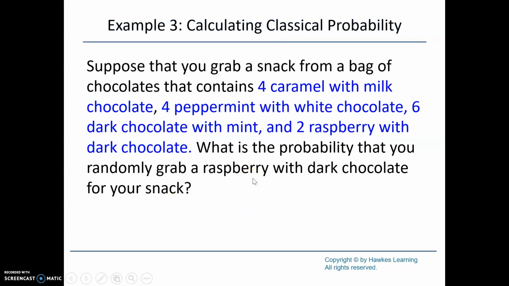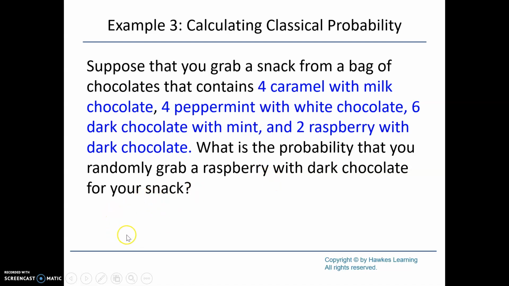Okay, calculating some more classical probability. So let's say we grab a bag of snacks. It contains 4 caramels with milk chocolate, 4 peppermints with white chocolate, 6 dark chocolate with mint, and 2 raspberries with dark chocolate. So what is the probability that you will randomly grab a raspberry with dark chocolate for your snack?